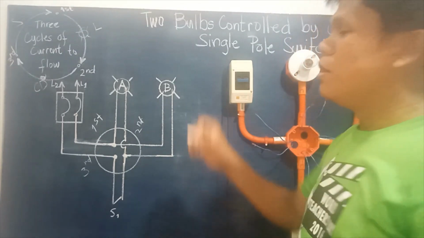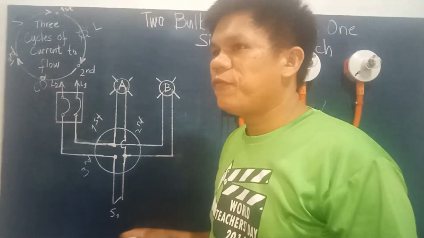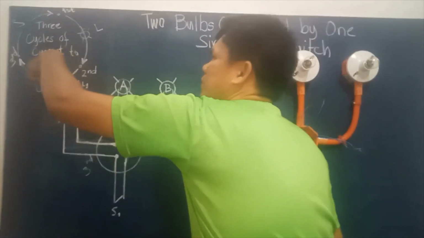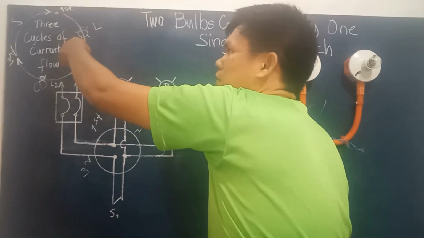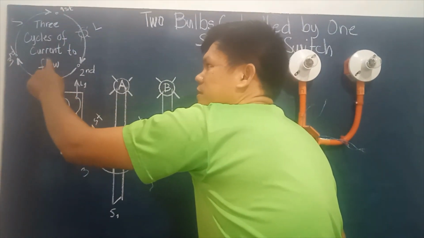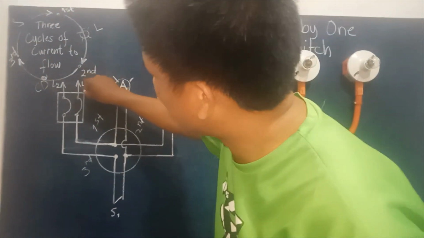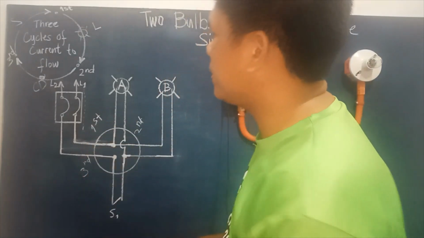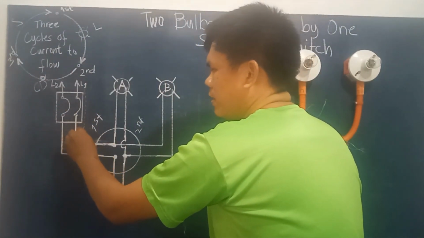So, kompleto na. So, as we go along to trace the flow of the current in the circuit, there is only a cycle from the source line, going to the load side, going to the control device, then go back to the source line. Try natin pag-trace. Okay? Ayan. Flow ng current, papalo dito kasi naka-switch on yung ating breaker, halimbawa.